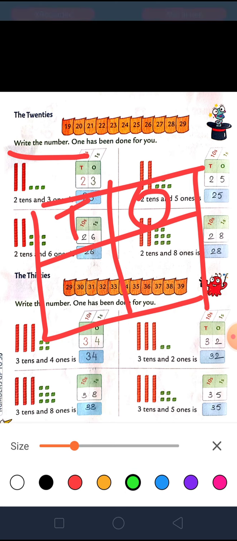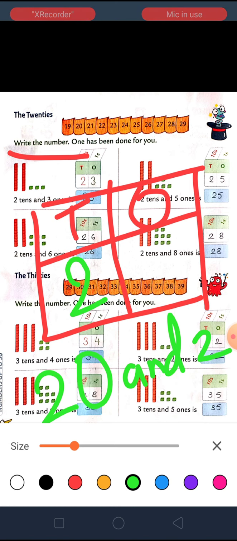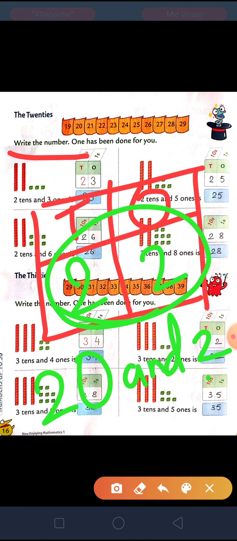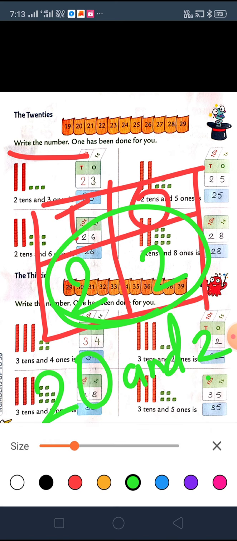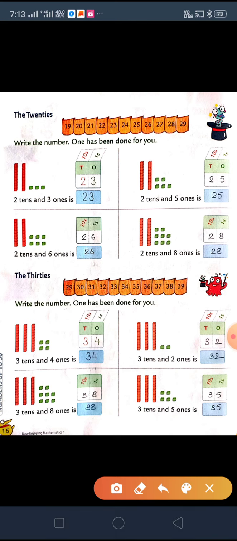If I say 20, 20 means 2 tens and 2 more means 2 ones. So the number becomes 22. In the same way here we have to read what numbers are given.